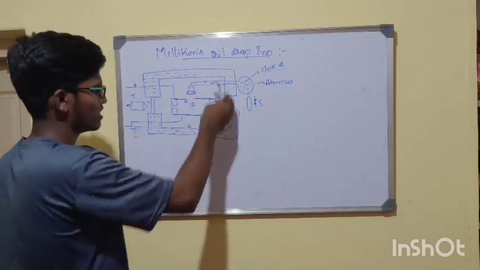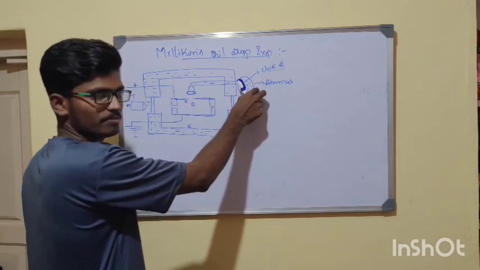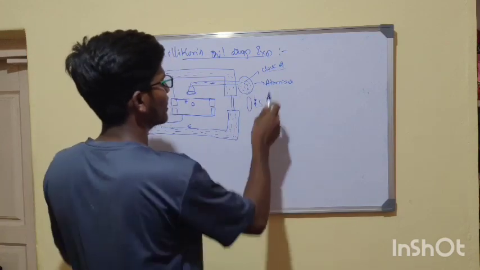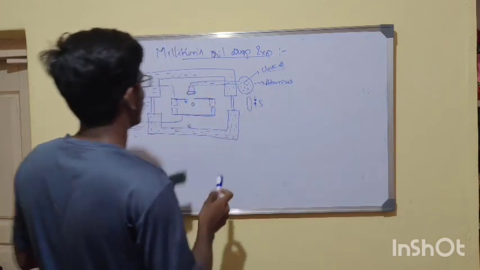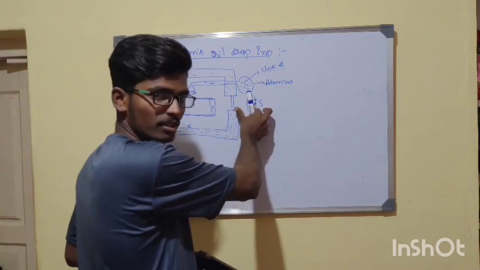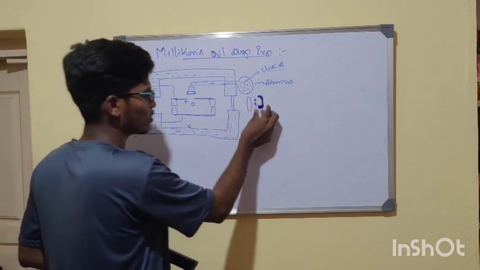This chamber is connected to an atomizer, and that atomizer contains clock oil. We are using a telescope and a source of light to view the oil droplets through the microscope.